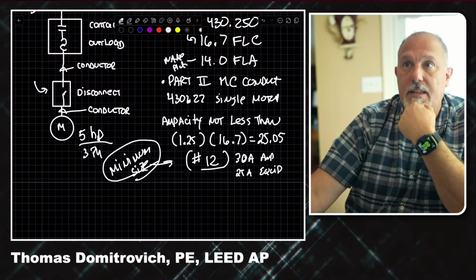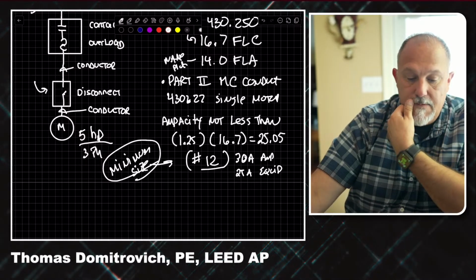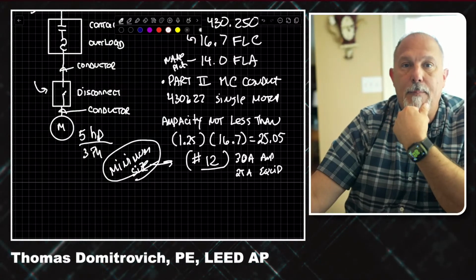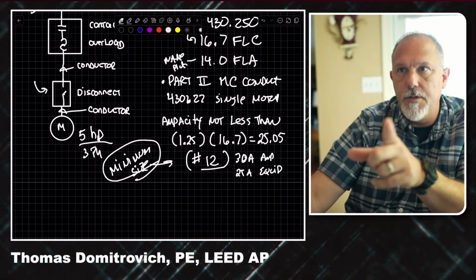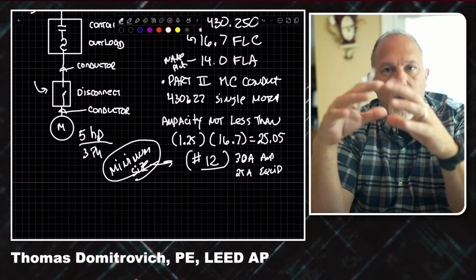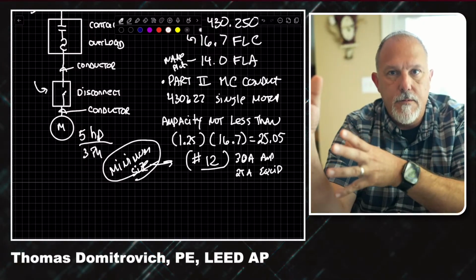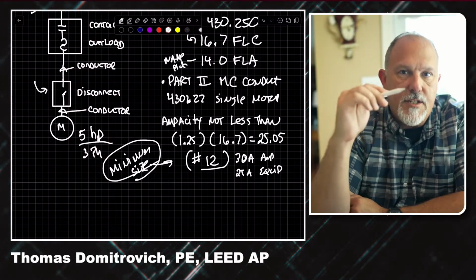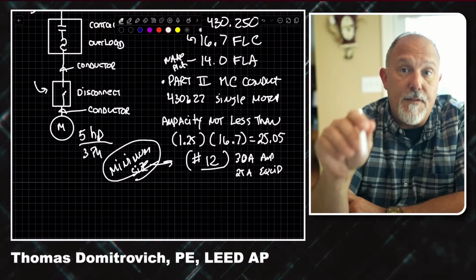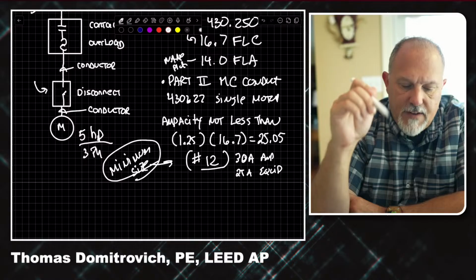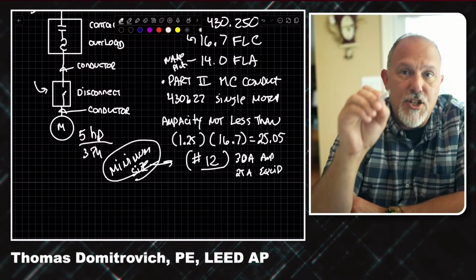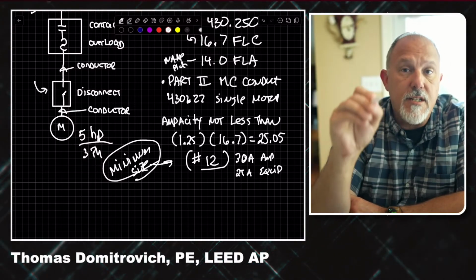Now let's talk about the overload. That's the next step, and I'm going to introduce the topic of the overload protection. I'm going to wrap a bow around the conductor. All we've done in our session today is identify the minimum size of the conductor necessary for this 5 horsepower motor, not the actual conductor that's going to be used, just the minimum.